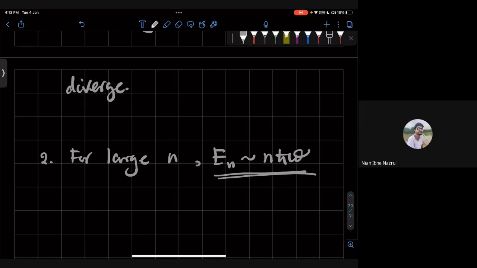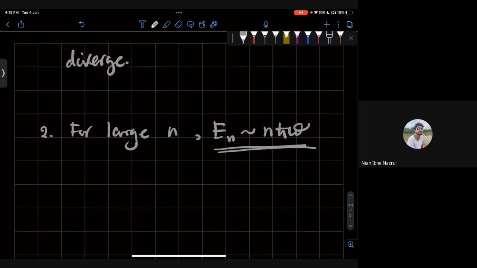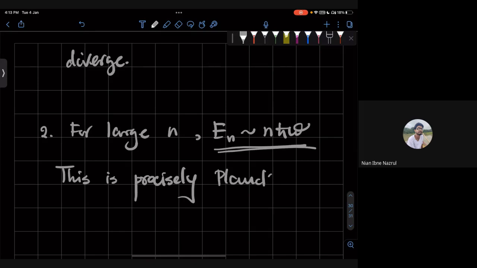Planck's. Right. This is the Planck hypothesis. Right. This is precisely the Planck's hypothesis.